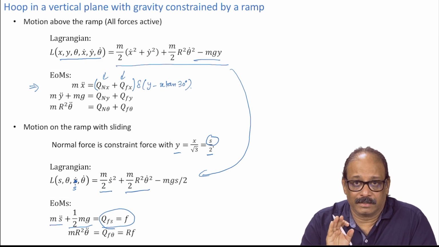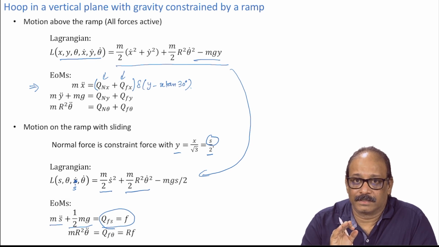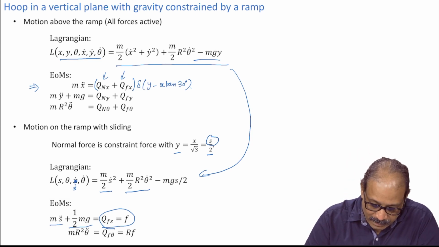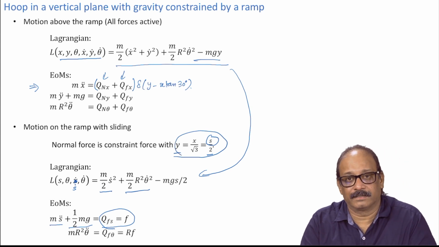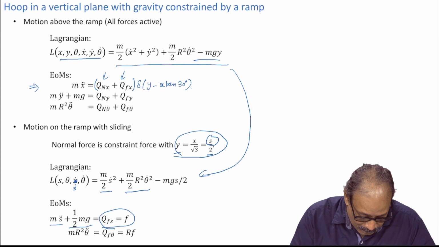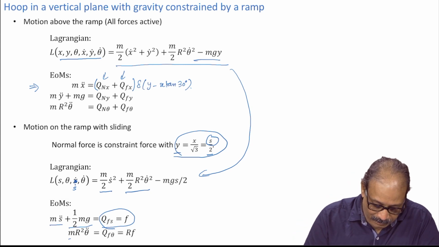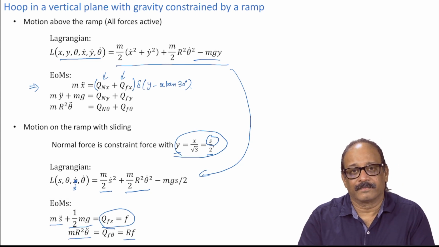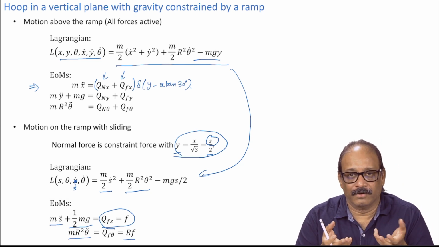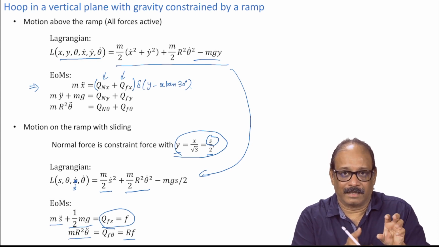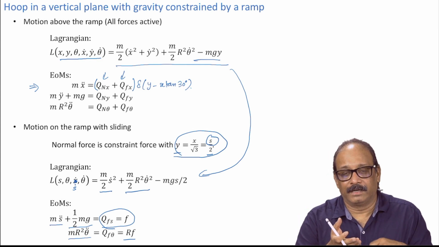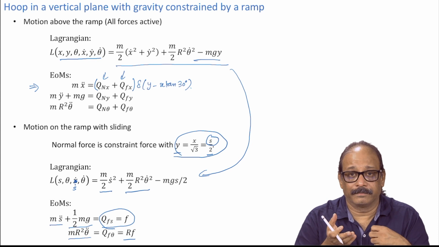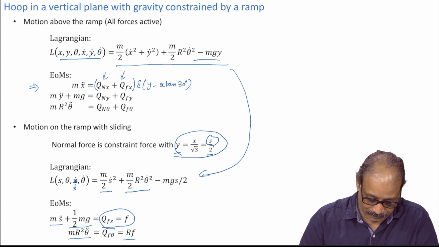There is no Qn on the right hand side, because that normal reaction was a constraint force whose constraint has already been incorporated in the definition of the Lagrangian. And then the second equation becomes m r square theta double dot is equal to Rf, but of course, we knew it is the angular momentum and that is a torque. So, it is the derivative of angular momentum, dL by dt, is equal to torque.